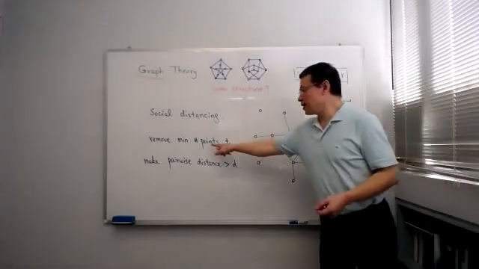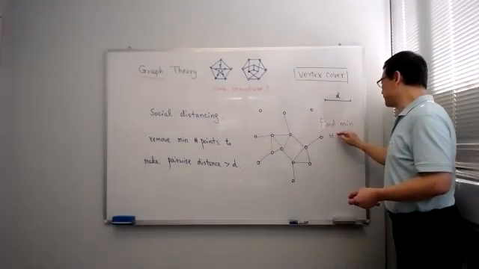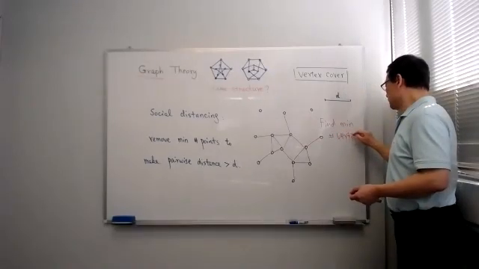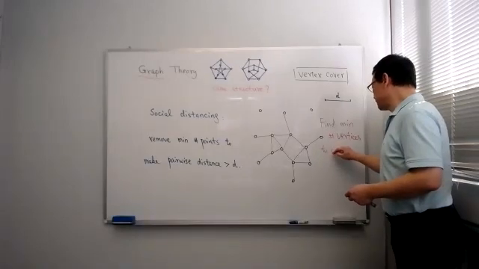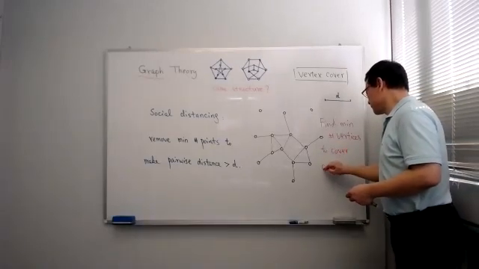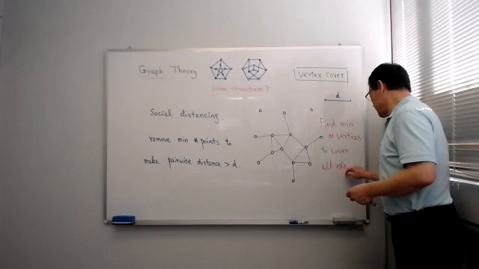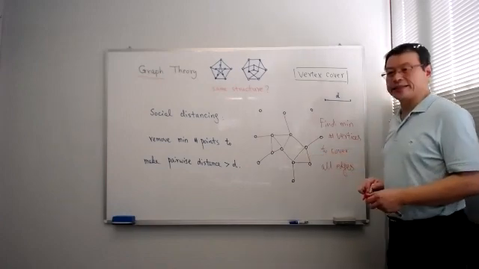Technically, instead of points, in graph theory we call them vertices. So the problem is to find the minimum number of vertices to cover all edges. Each line is called an edge.